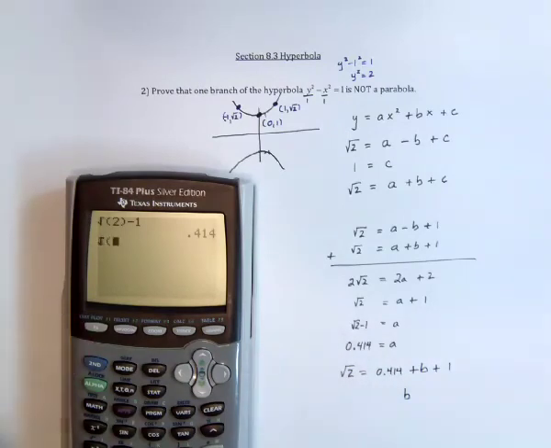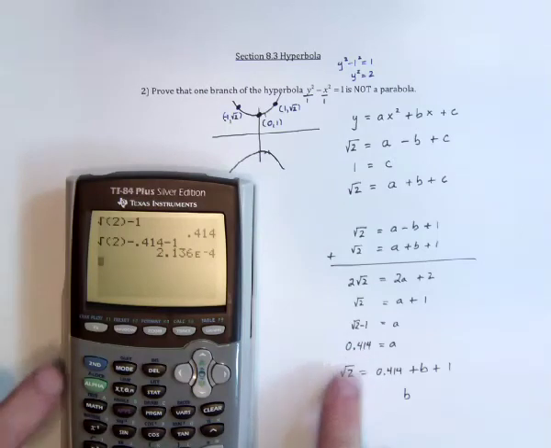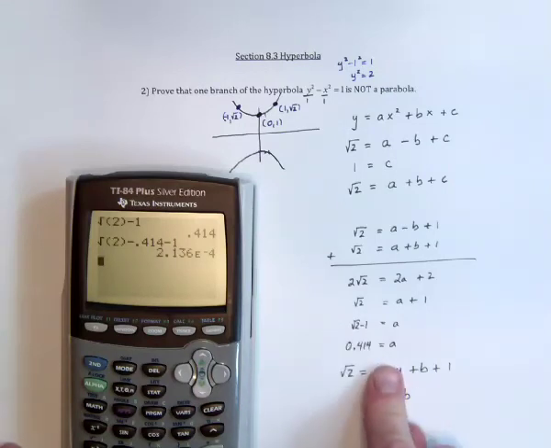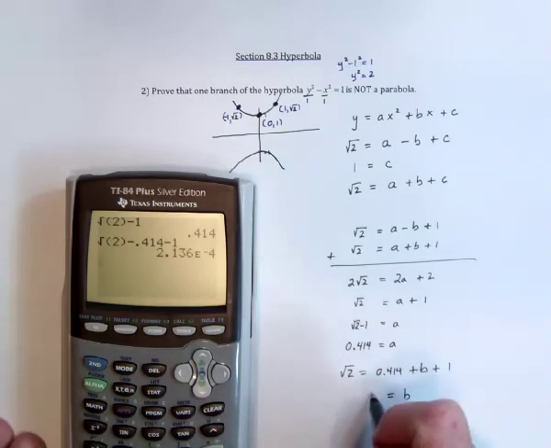So that's going to be the square root of 2, subtract 0.414 and subtract 1. And it is pretty much 0. Let me do the whole thing in the calculator. Actually, I can see it here. So a is the square root of 2 minus 1. If you put that in here, you'd have a square root of 2 on this side and that side, they cancel. You'd have a negative 1 and a positive 1, they would cancel. The b is equal to 0.